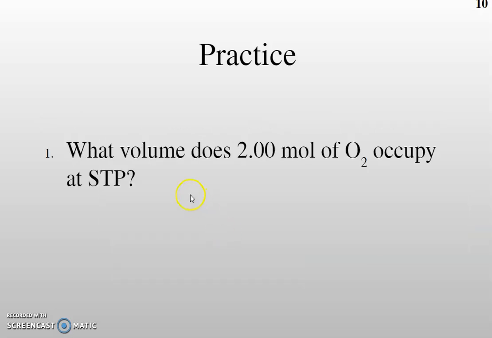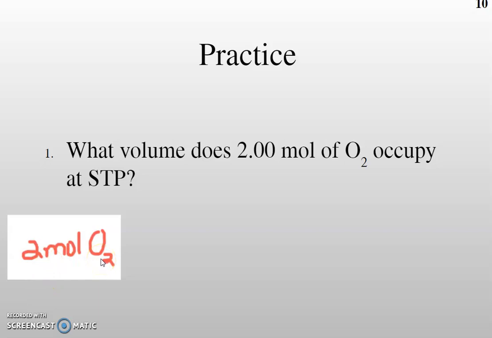What volume does 2 moles of oxygen occupy at standard temperature and pressure? Notice here we're writing oxygen as a diatomic molecule. We're going to come back to that at the end, but for now, just know there are some gases that always occur in these doublets. So now we're going moles to liters. We start with 2 moles of oxygen.